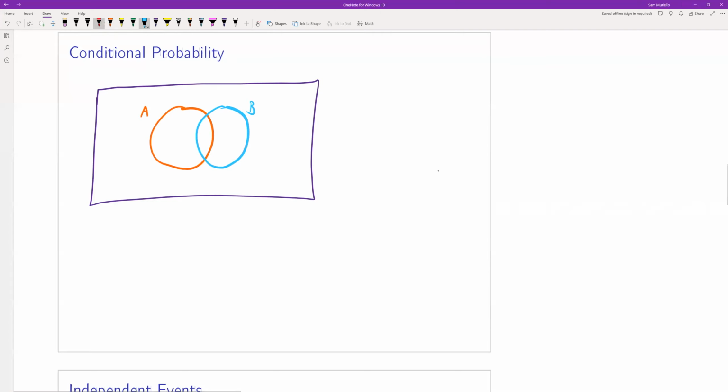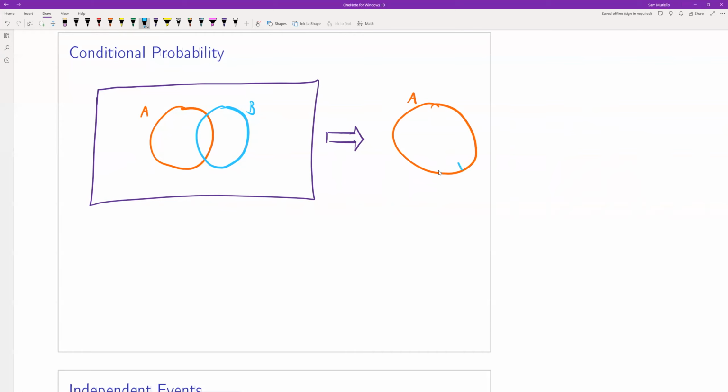For conditional probability, we only want to consider possible events given that a certain event has already happened. So rather than having the entire world where sometimes A happens and sometimes A doesn't happen, we're only considering the world where A already happens.